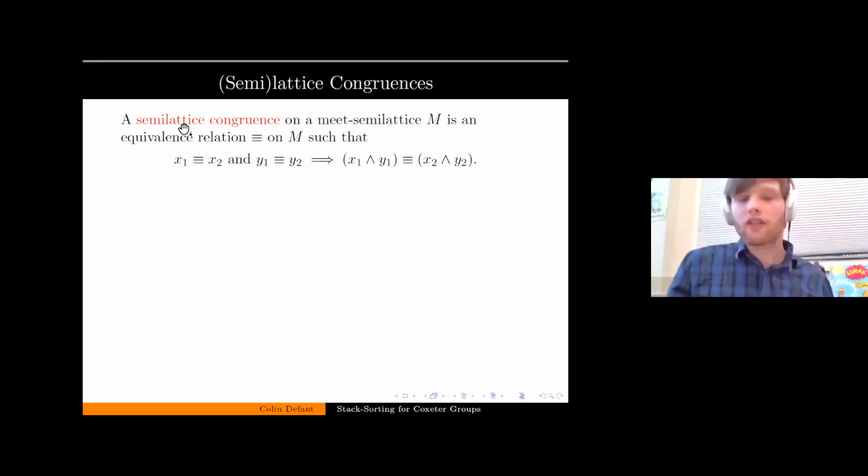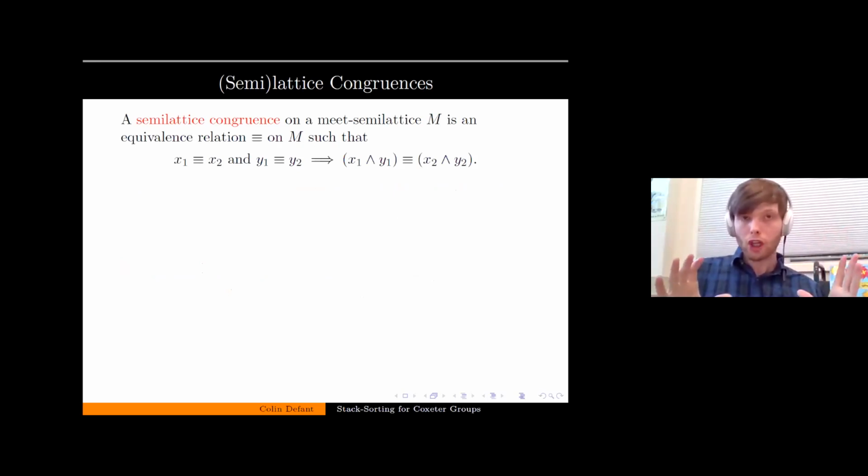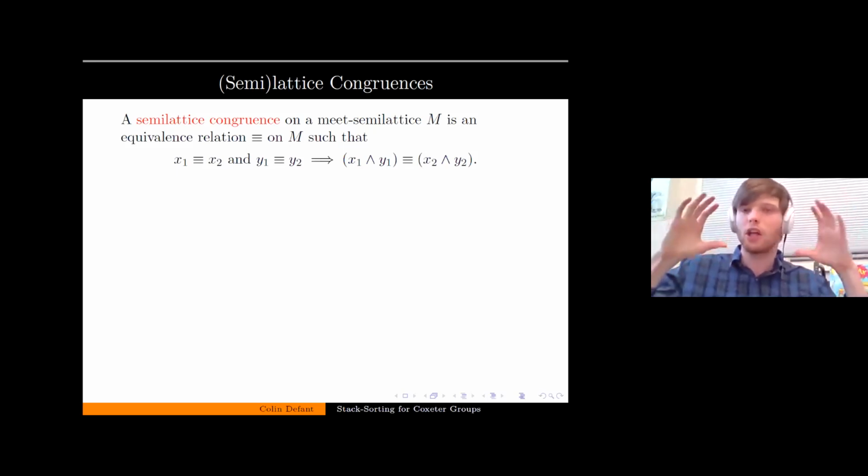So a semi-lattice congruence on a meet semi-lattice is just an equivalence relation that is compatible with the meet operation. In symbols, what this is saying is that if x1 is equivalent to x2 and y1 is equivalent to y2, then the meet of x1 and y1 has to be equivalent to the meet of x2 and y2. But in your head, you should just think this is some equivalence relation that is compatible with the meet operation.